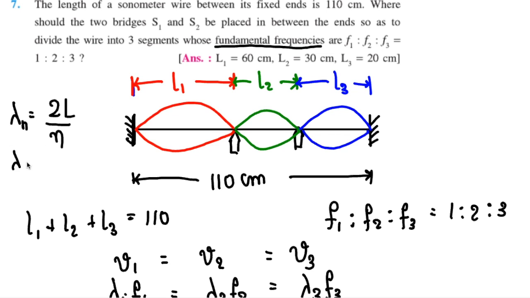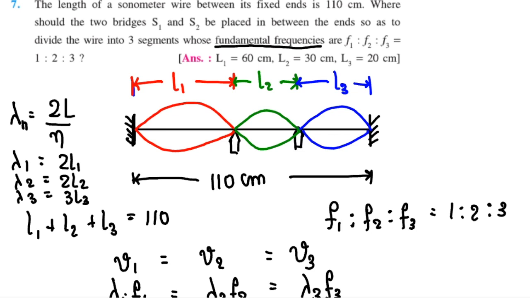So lambda 1 equals 2l1, lambda 2 equals 2l2, and lambda 3 equals 2l3. That we can also easily see from here. See, l1 is half of the length of lambda, so for a full wave I'll have 2 times l1. So it is clear from the figure also, right?